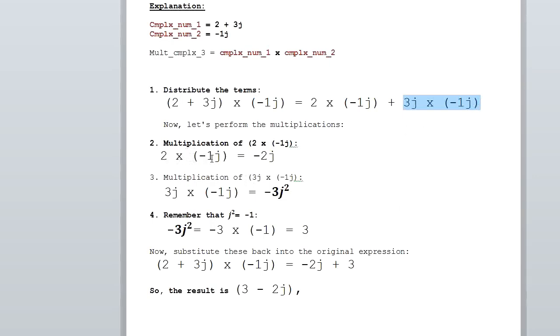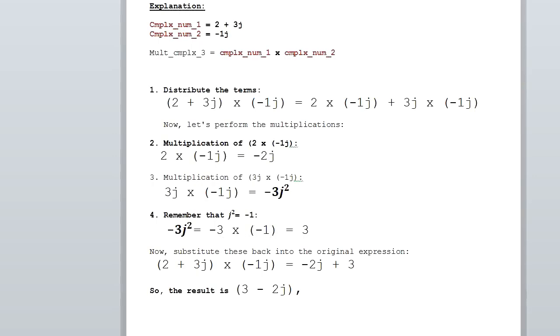Multiplication of 2 times minus 1j is equal to minus 2j. And multiplication of 3j times minus 1j is equal to minus 3j squared. Remember one thing, j squared equals minus 1. So minus 3j squared equals minus 3 times minus 1, which equals 3.